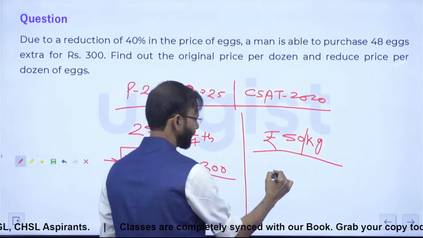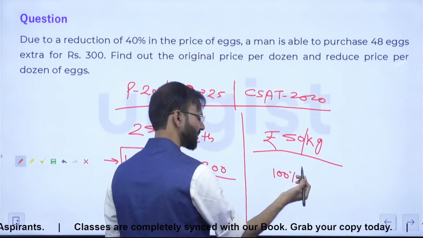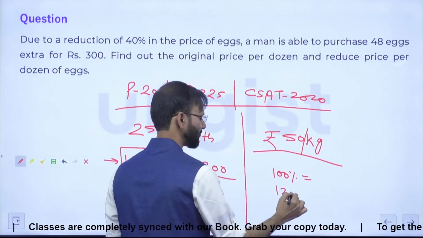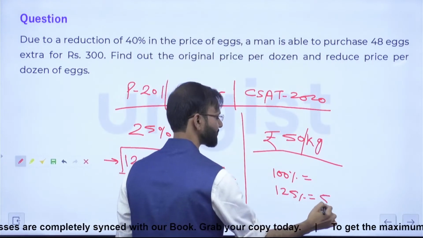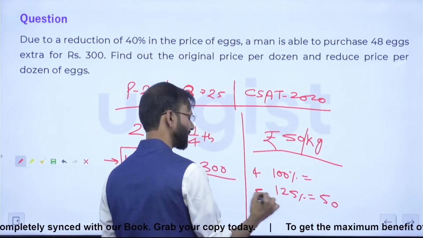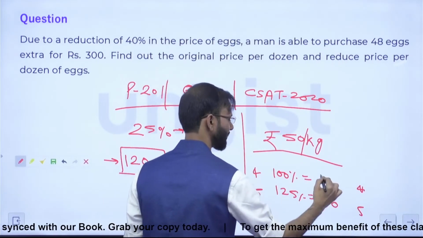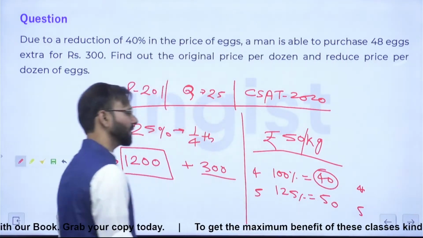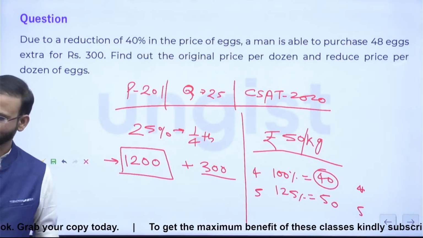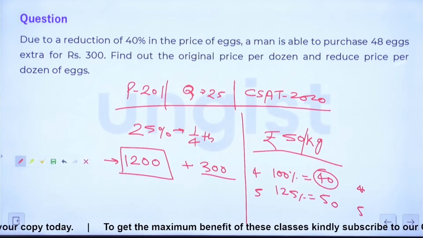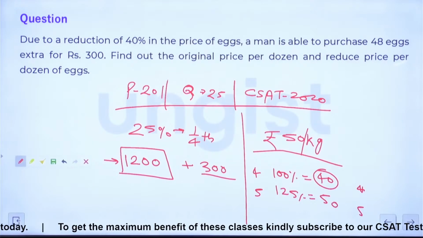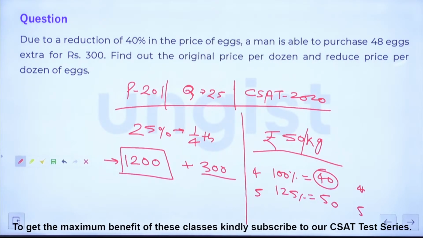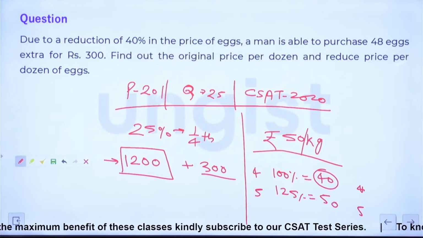Guys, if it is 100%, original was 100, so increased will be 125. 125 is 50. Guys, this is 4:5, right? So try to maintain 4:5, you will get 40 here. Everybody, it is clear? Right? Guys, it is fine? Okay. All right.